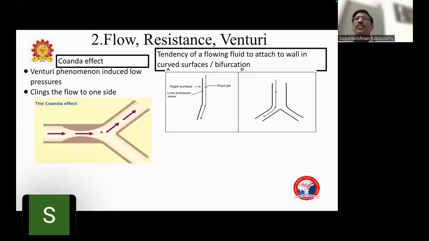Next is the Coanda effect. The Coanda effect is the Venturi phenomenon induced at low pressures. It is the tendency of a fluid to attach to a wall in a curved surface. This is the same as the Venturi effect. Only thing is, because of bifurcation, it tends to cling to one side and the other side will not get the flow.